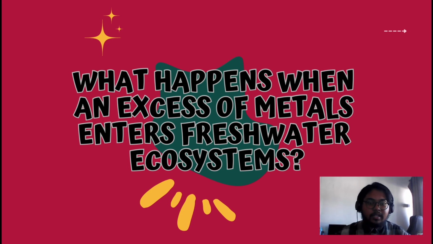Unlike some organic pesticides, metals cannot be broken down into less harmful components in the environment. Generally, the ionic form of a metal is more toxic because it can form toxic compounds with other ions.